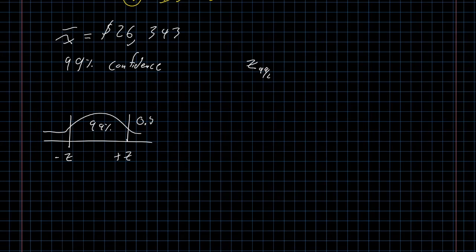So that's 0.5% over here, 0.5% over here. All right. So 0.5% is 0.005. Looking up on the standard normal table, the z-score that corresponds to 0.005, you get negative 2.58.